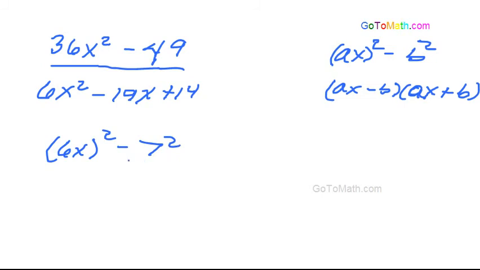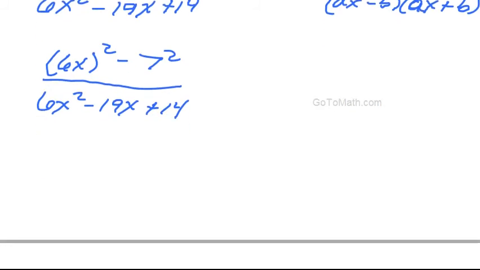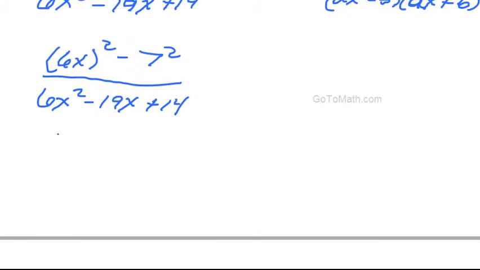See that? So let's just go ahead and write the denominator here. 6x squared minus 19x plus 14. So up here in the numerator, we're going to end up with 6x minus 7 times 6x plus 7.